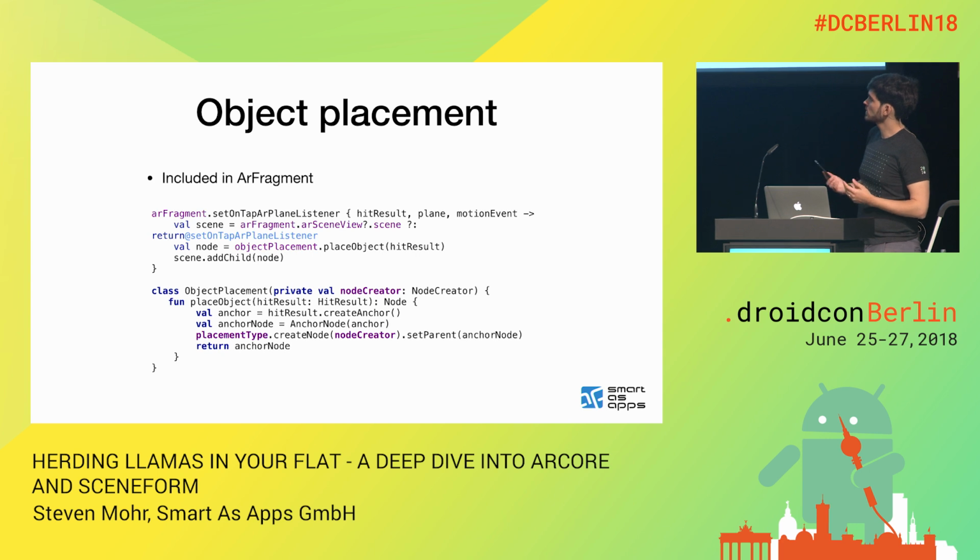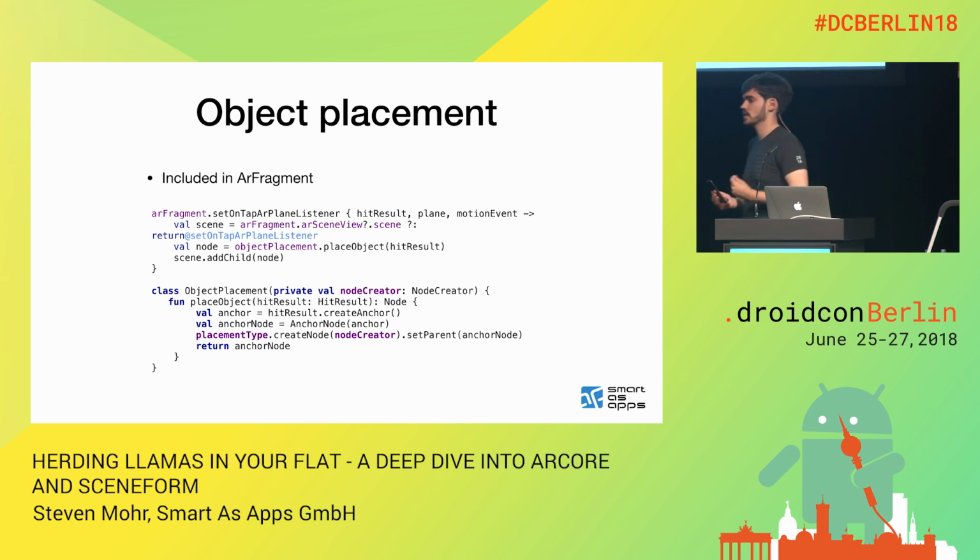And how do we do that? We get this hit result, and we create an anchor of it. Whoever has already worked with ARCore knows these anchors are the objects that specify a point in the real world that is tracked by ARCore, and however the user moves his phone, this point is fixed.